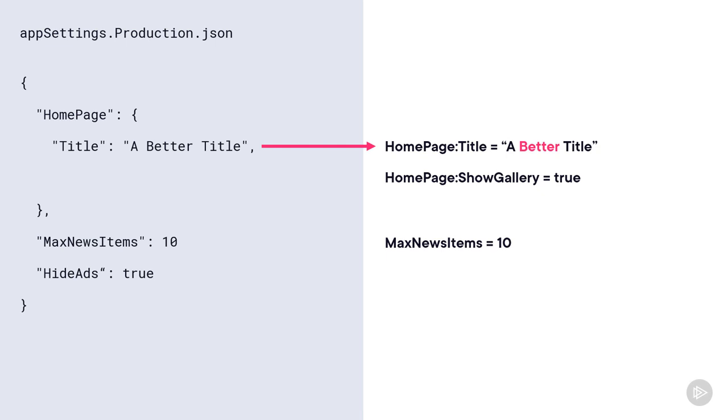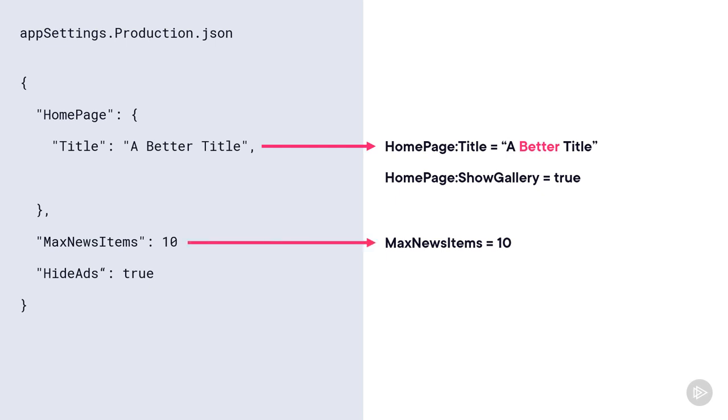The value of the configuration entry with the key homepage:title is updated. The title now reflects the overridden value. There's no element in the JSON for the homepage:show gallery entry, so the existing key and value remain unchanged. Items are never removed from the collection of configuration entries, only added or updated.